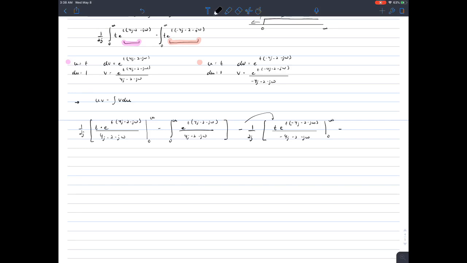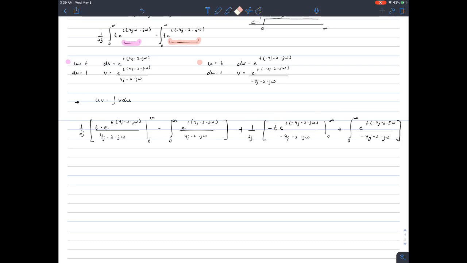So what I'm going to do, so I don't get confused later, is go ahead and distribute this right now, okay? Plus, minus, plus, okay? And then this is going to be the integral from 0 to infinity. Du is equal to 1, so we're not going to worry about it. E to the (negative 4j minus 2 minus j omega)t, all divided by negative 4j minus 2 minus j omega.